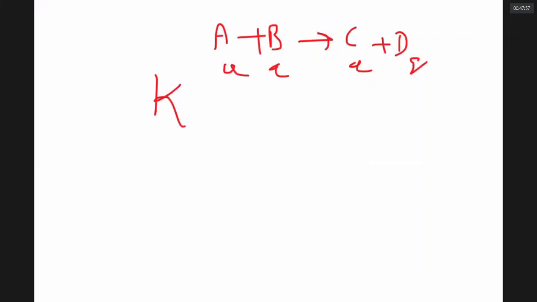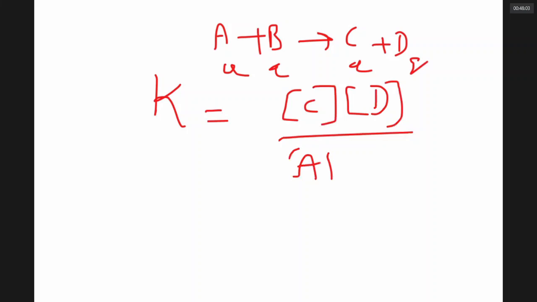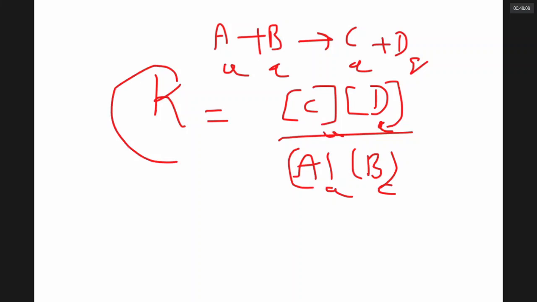What is the equilibrium constant for a reaction A plus B aqueous gives rise to C plus D? Equilibrium constant is given by concentration of C into concentration of D by concentration of A into concentration of B. The higher the equilibrium constant, the greater is the solubility or the greater is the amount of product generally.